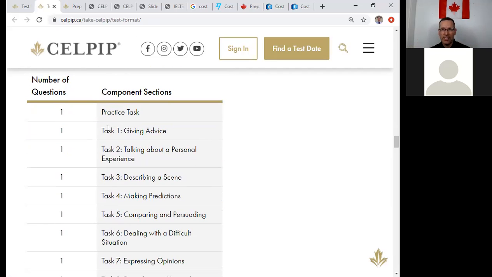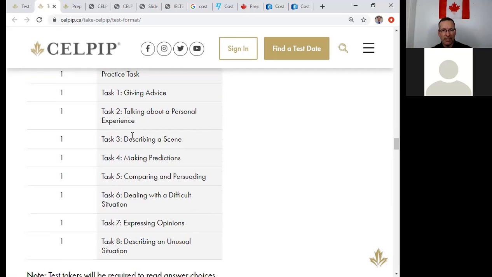So last week we did a more detailed introduction to what teachers are looking for, and then we did task 1, giving advice. Today we're going to practice task 2, task 3, and if we have time, we'll practice task 4. So task 2 is talking about a personal experience, and we'll look at a sample in a minute. And I'll have you guys give some examples and practice.